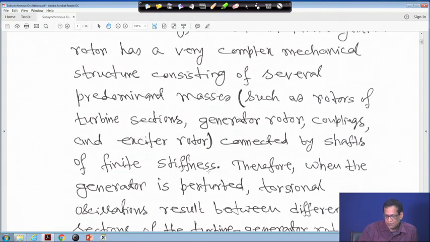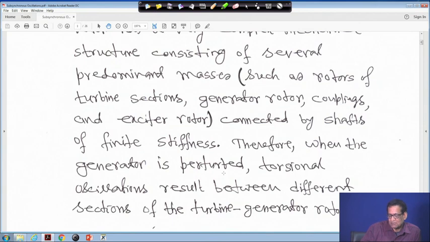Therefore, when the generator is perturbed, torsional oscillation results between different sections of the turbine generator rotor, because in the turbine you have a high pressure portion, intermediate pressure, and low pressure sections. Earlier we considered this turbine generator as a combined mass, but here we will see it separately.